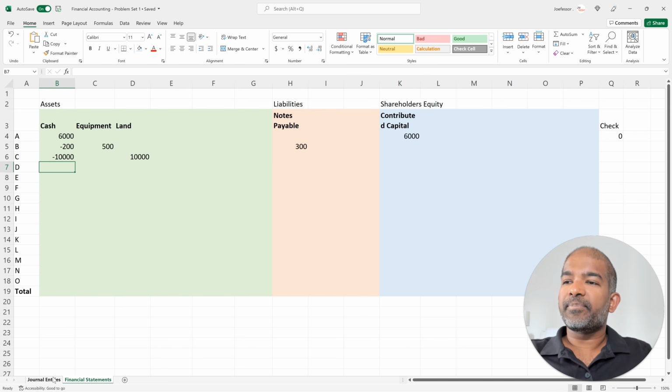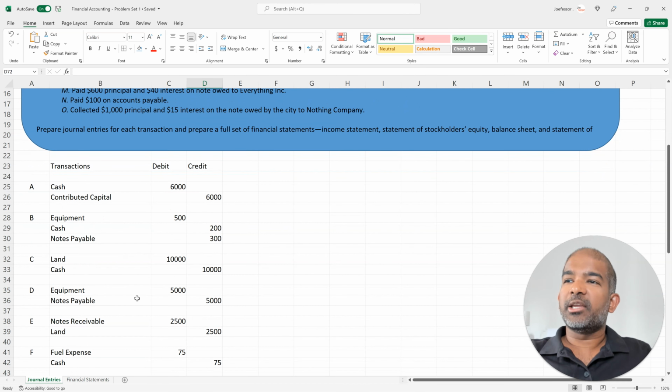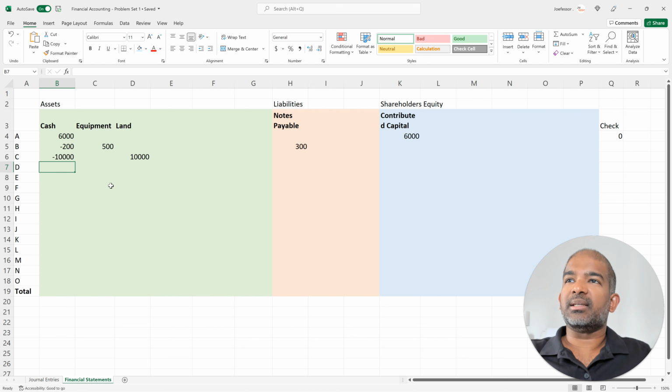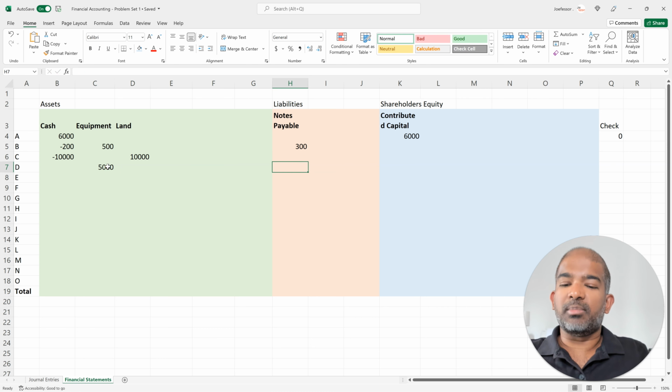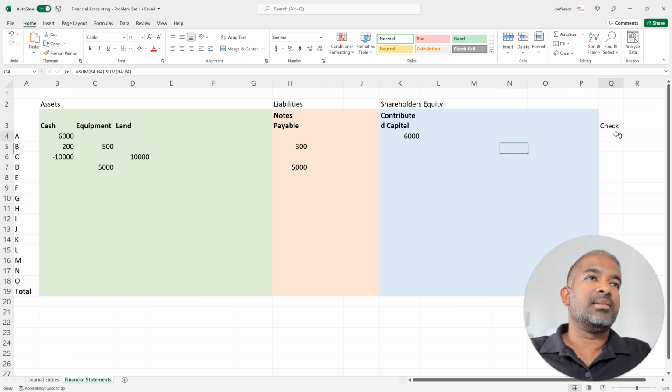Transaction D, your equipment increases by 5,000 and you have a notes payable of 5,000. Equipment increases by 5,000 and a notes payable of 5,000. Let me click and drag the formula for my check.